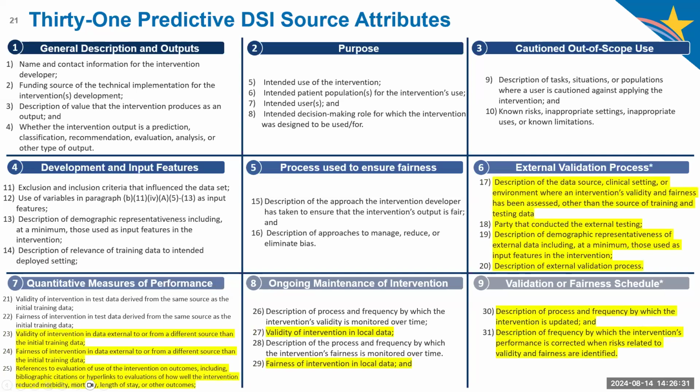So you'll notice this is basically the same as the previous slide. We just have some items that have been highlighted in yellow, as well as asterisks at the headings. Those with the asterisks and highlighted in yellow are the source attributes that may not be within the control of developers.